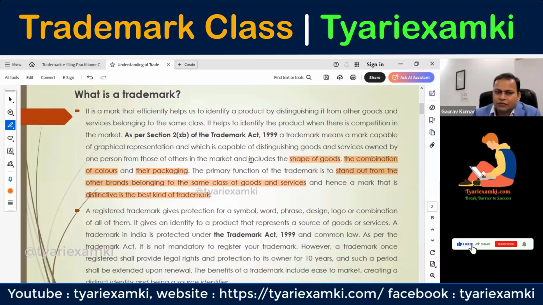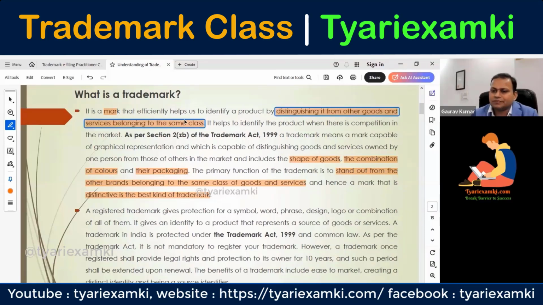If you go into this definition, you will find two or three important things. In the first line itself, it is written that it is a mark. It is a mark that efficiently helps us to identify a product by distinguishing it from the others. So your mark should be like that. It should be distinguished from other goods or services belonging to the same class.